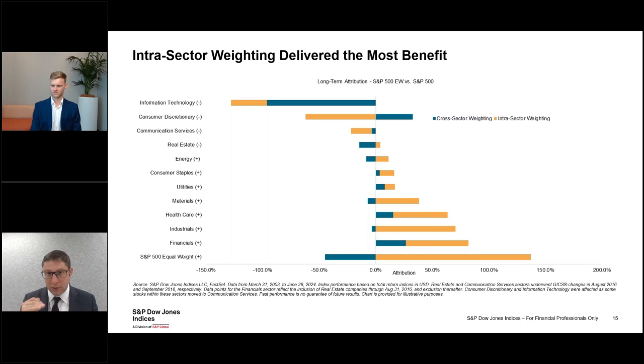If you look across the sectors, the fact that the yellow is on the right-hand side within the individual sectors is telling you that, not all, sorry, there are a few where it's on the left-hand side, but in the majority of sectors, it really helps by equally weighting within each sector, which I'm not going to go more into. We do have other research on it, but I think it's intriguing to think about this in terms of within each industry or sector.